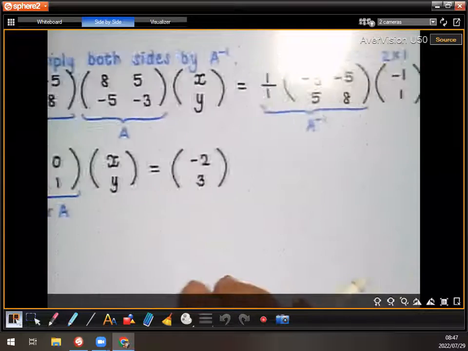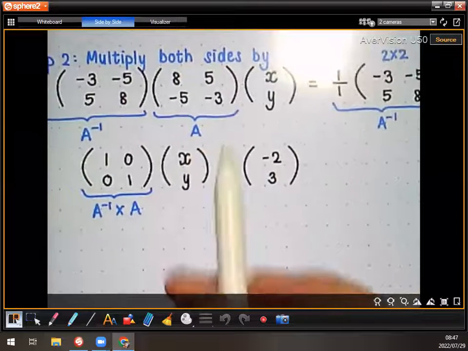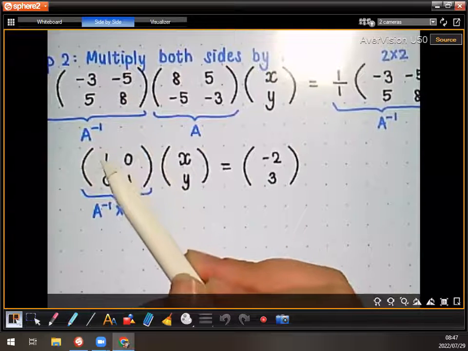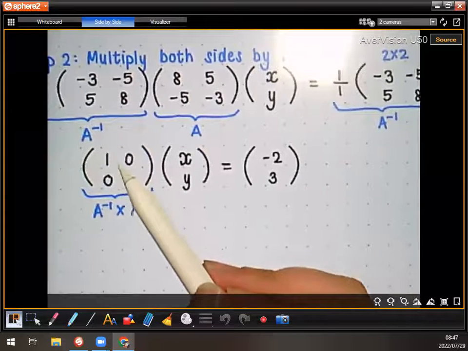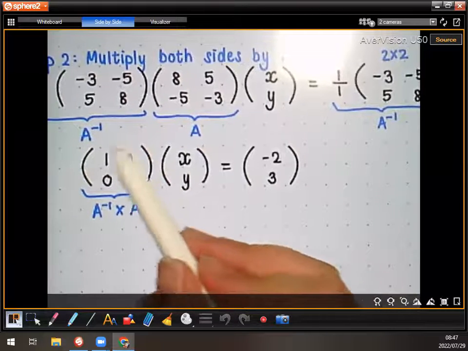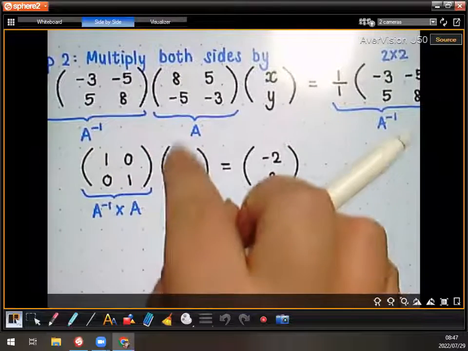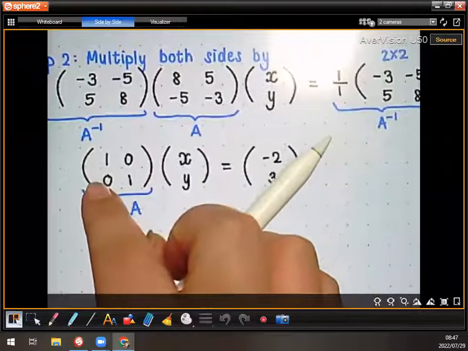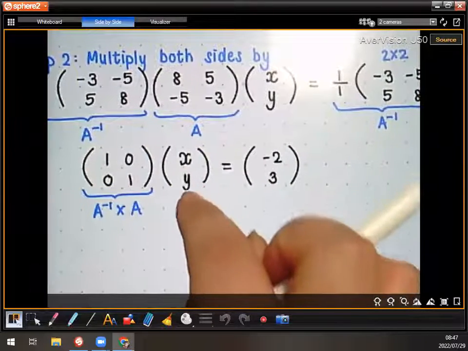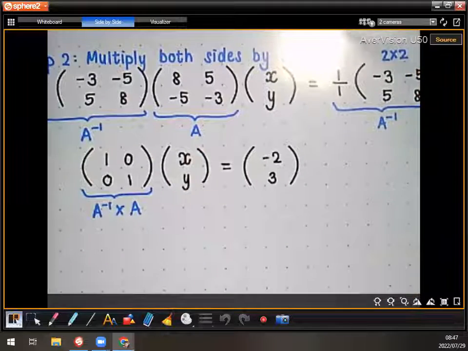Okay, guys, so now this is what we're left with. What did I just say about the identity matrix? It is a multiplicative identity, right? Meaning that when you multiply anything, so let's say this matrix, by the identity matrix, the answer is just going to be this matrix again.